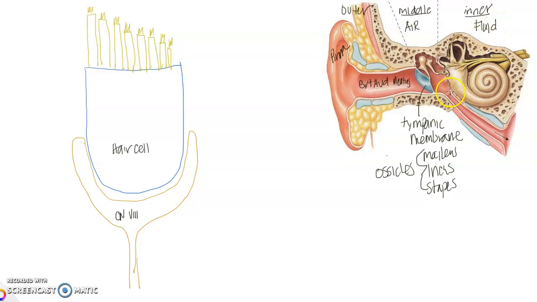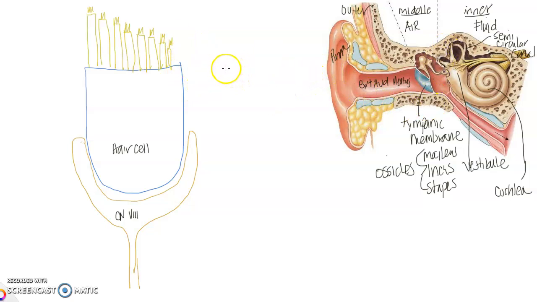Then in the inner ear, we have an area called the vestibule, and the cochlea here, which is the hearing receptor. And over here, we have the semicircular canals, and those are for balance.